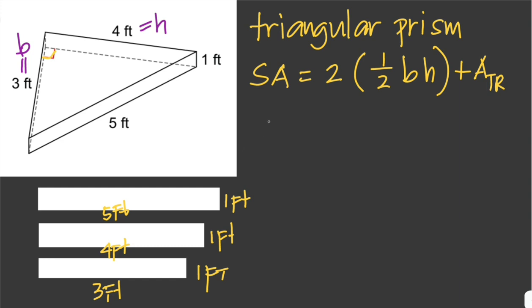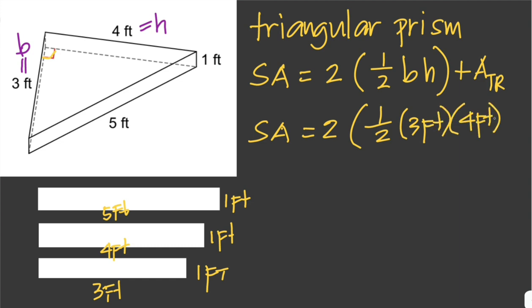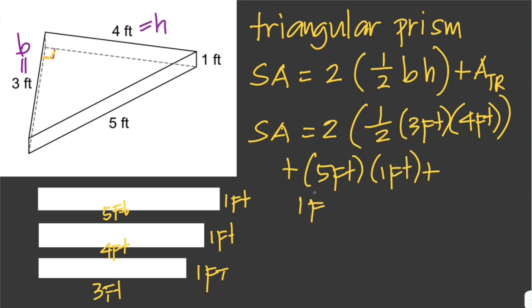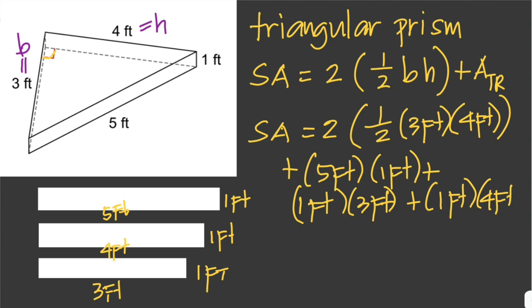So let's plug in all the values to the formula. The surface area is equal to 2 times 1/2 the base, which is 3 feet, times the height, which is 4 feet, plus the sum of the areas of the rectangles. So that would be 5 feet times 1 foot plus 1 foot times 3 feet plus 1 foot times 4 feet. Alright, and then we simplify everything.